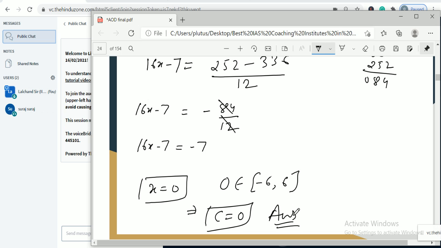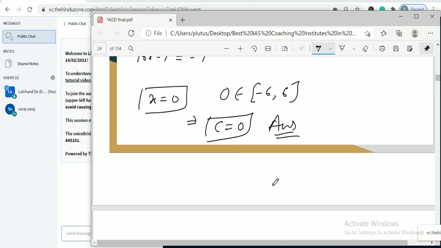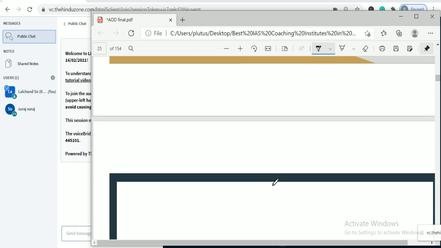Okay, let us try to solve some more questions on Rolle's theorem and Lagrange mean value. Okay, there is one more question. Let us try to solve this question.